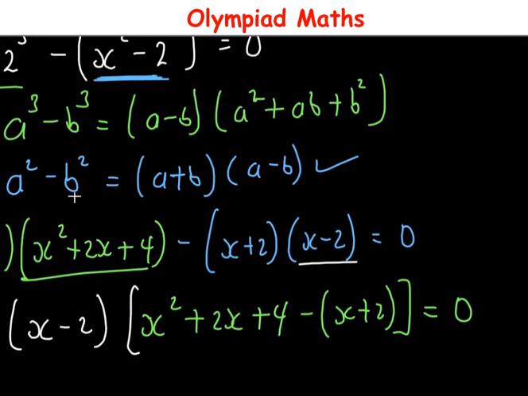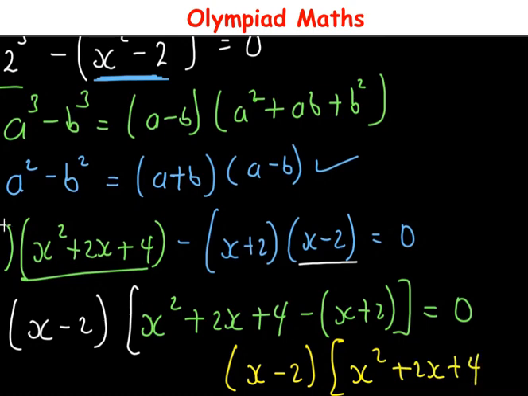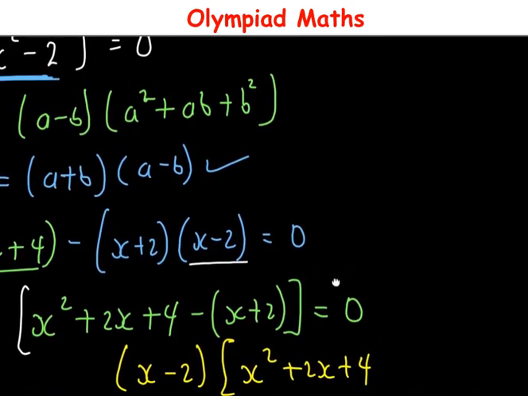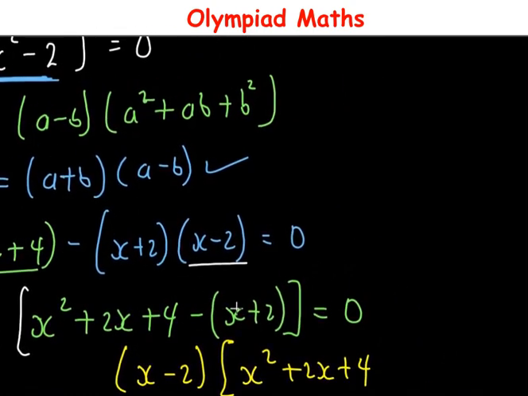And from here, we have (x minus 2) multiplied by (x squared plus 2x plus 4), then the minus, we also open the brackets: minus times x is minus x, minus times plus 2 is minus 2. All of this equals 0.